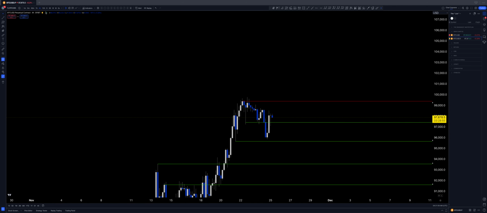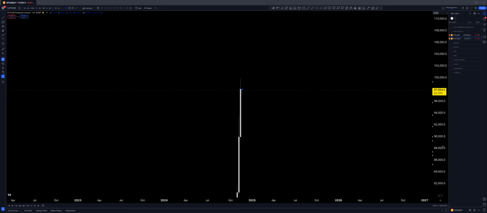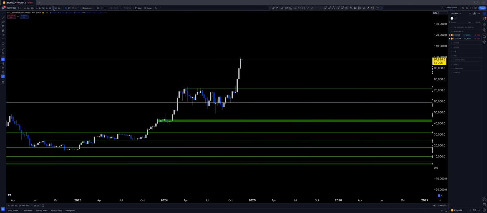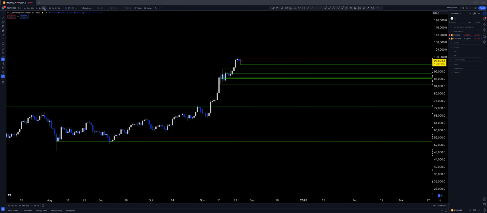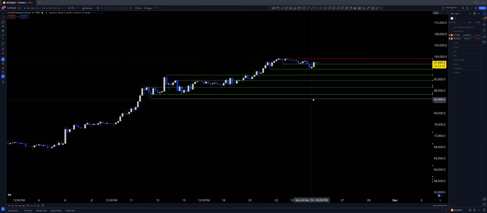It looks different on different time frames. This is my way of doing it, where different time frames show different support and resistances, because each time frame has different support and resistances.